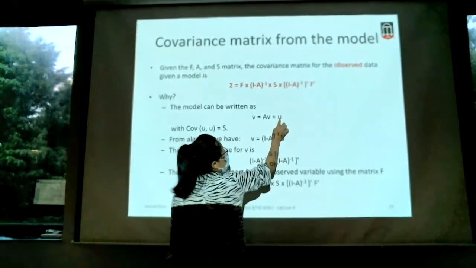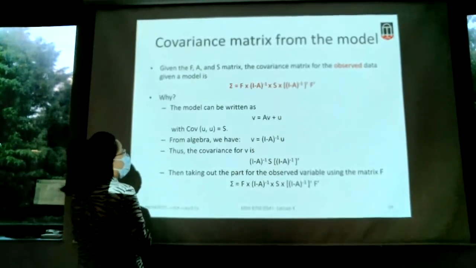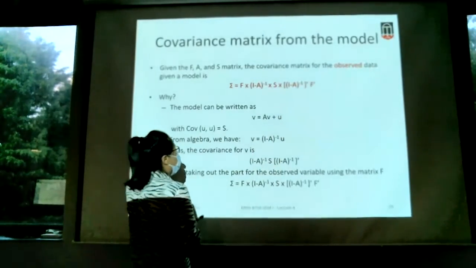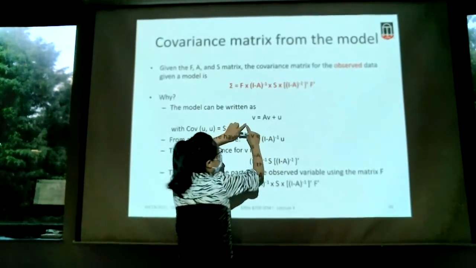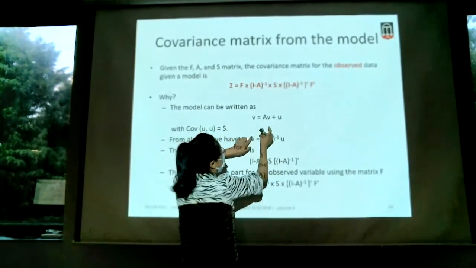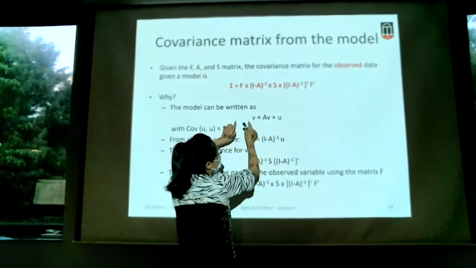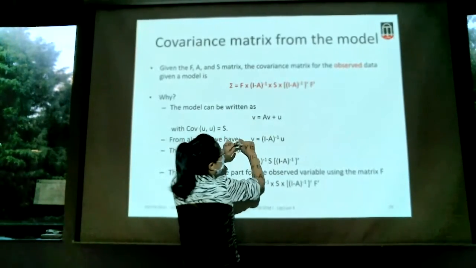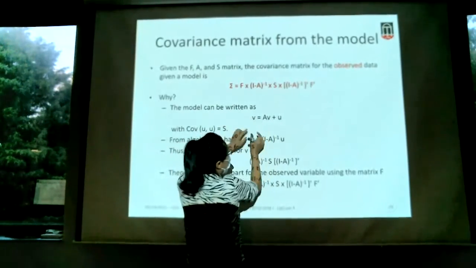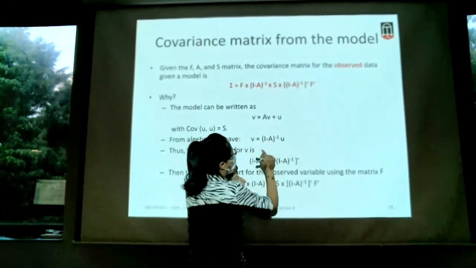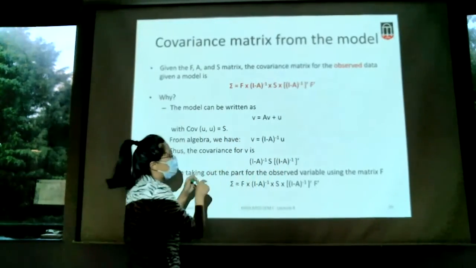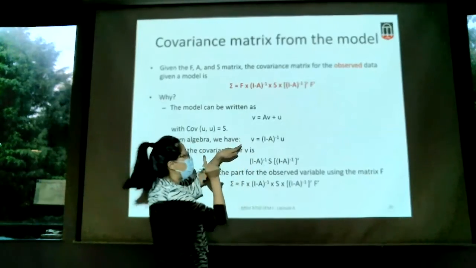Assume the variance of U is S. Then we can do the algebra: use the identity matrix minus A, and then the V's, and use the inverse. So we have V equal to the inverse of the identity matrix minus A times U. Based on that, you can calculate the covariance of V, which is sigma.